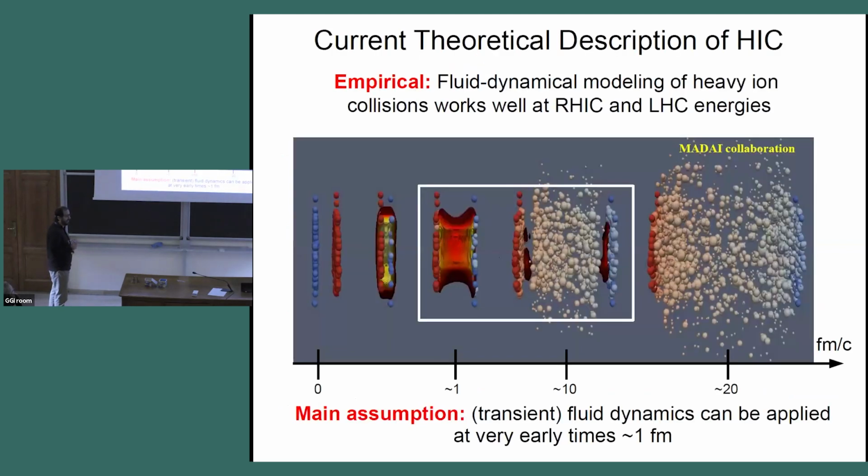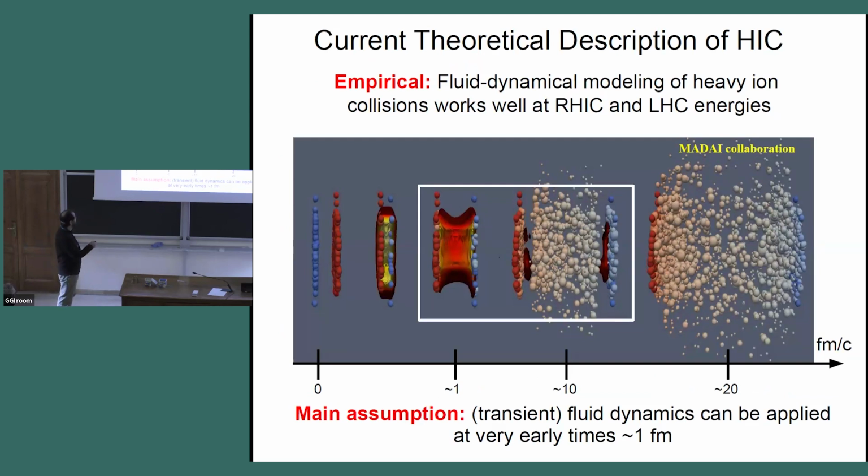I just want to have one slide about heavy ion collisions, right? This talk will have nothing to do with heavy ion collisions, but I want to give this as a general comment that, as many of you know here, we have this fluid dynamical modeling of heavy ion collisions. So this kind of picture emerges of what happens in a heavy ion collision, where apparently the main assumption of these models, which appears to be confirmed by experiments, is that you are able to create a fluid of hot and dense nuclear matter or QCD matter at very early times, 1 fm/c.